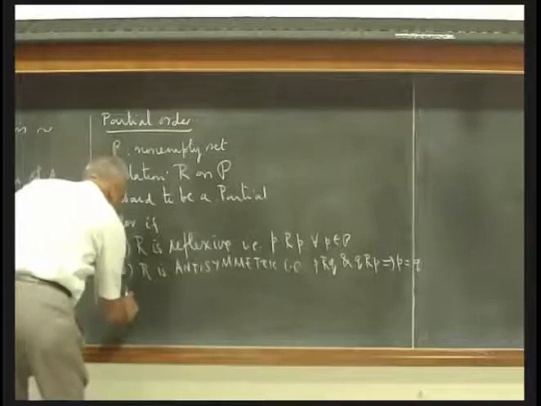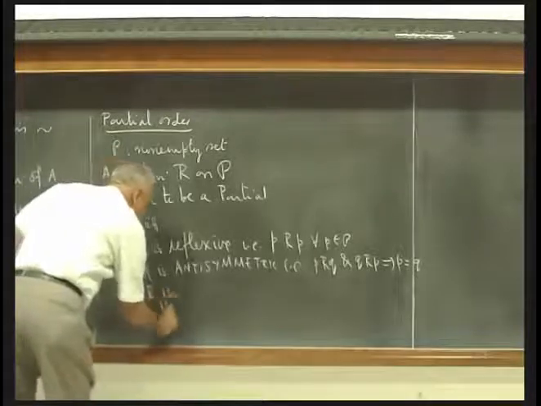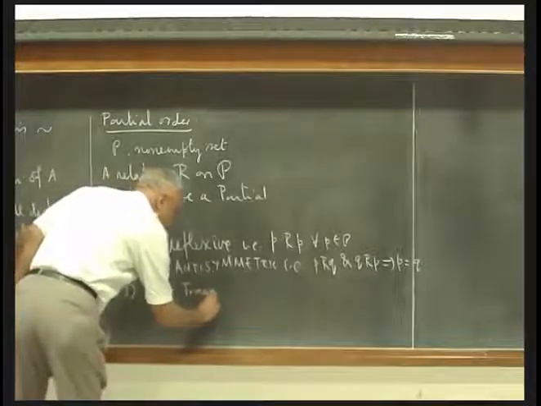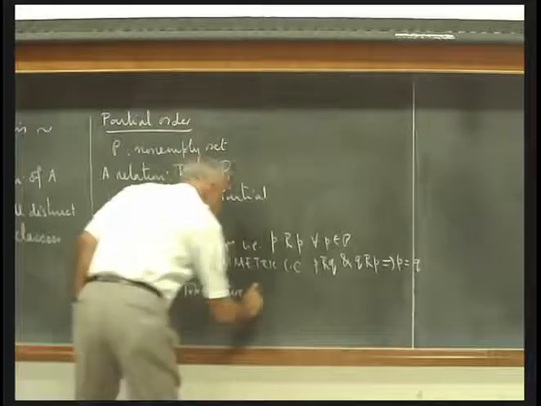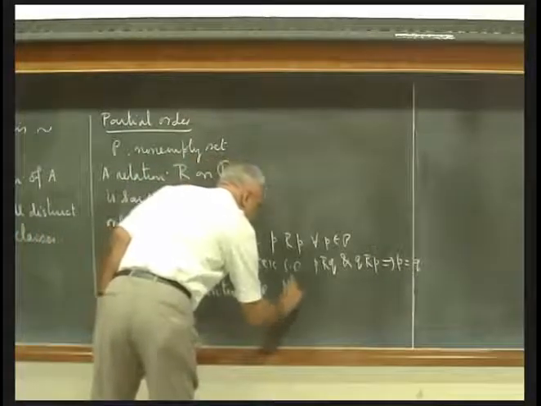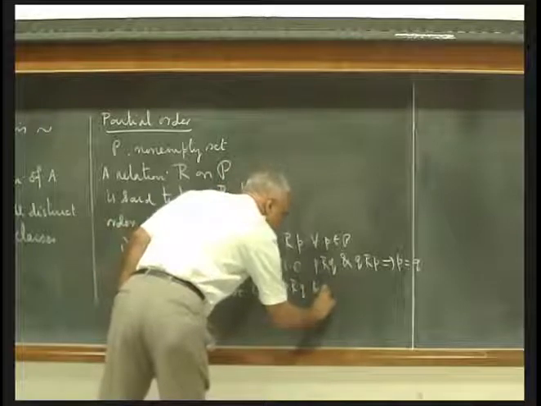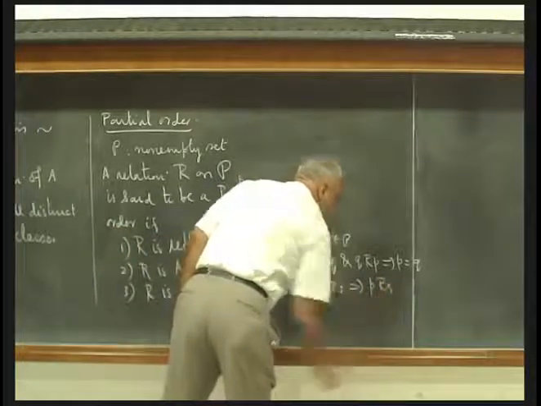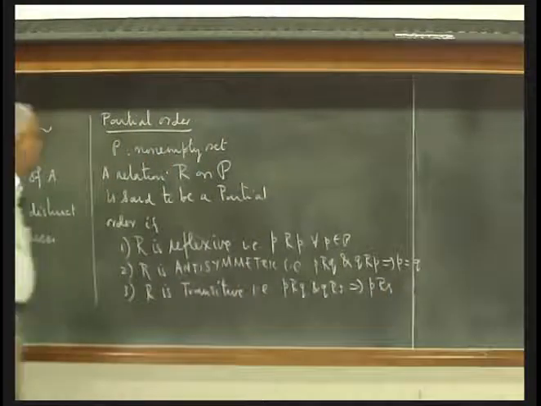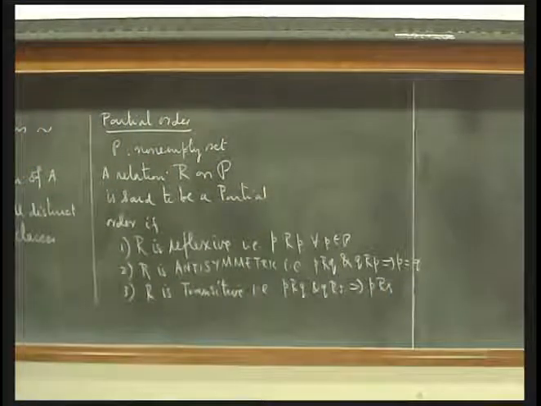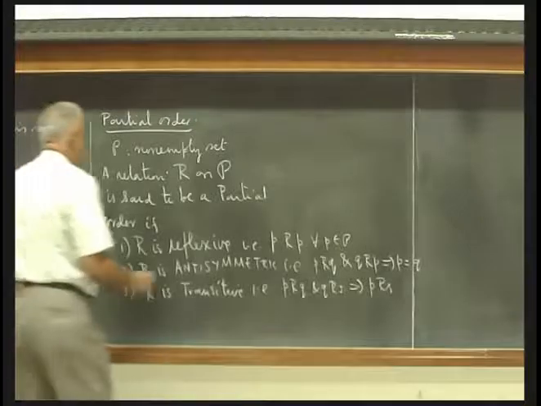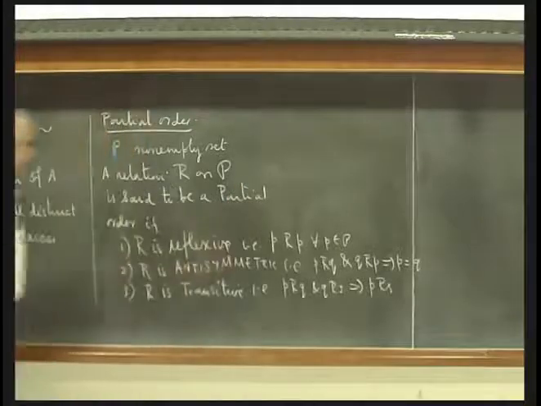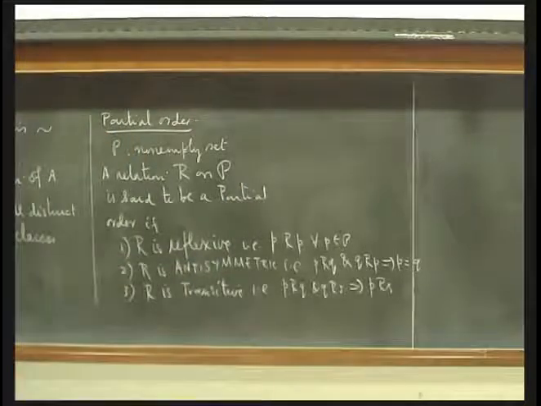And three, R is transitive. That is, P R Q and Q R S implies P R S. Then it's called a partial order relation on P, if these three properties are satisfied.